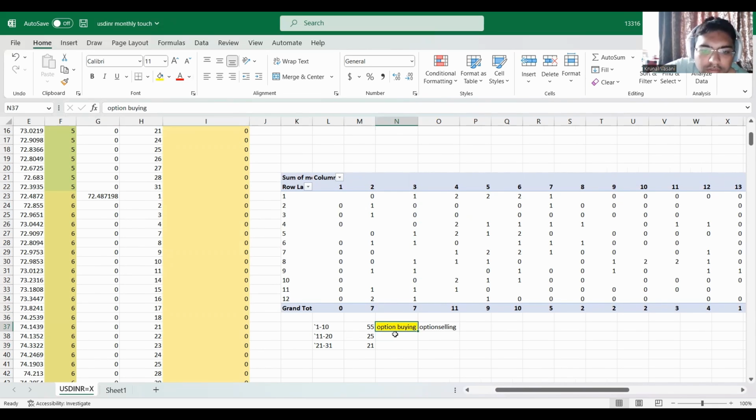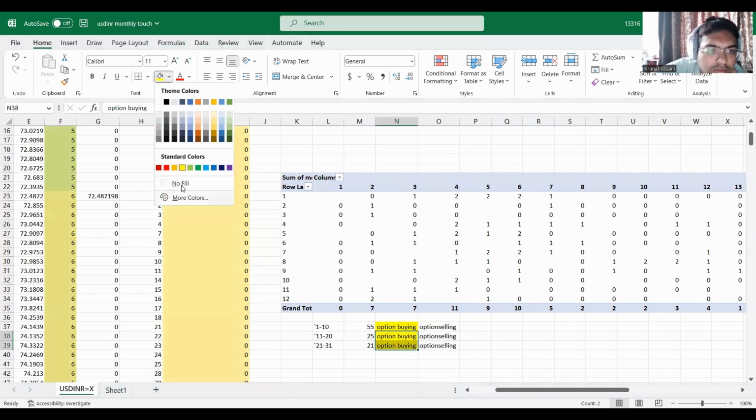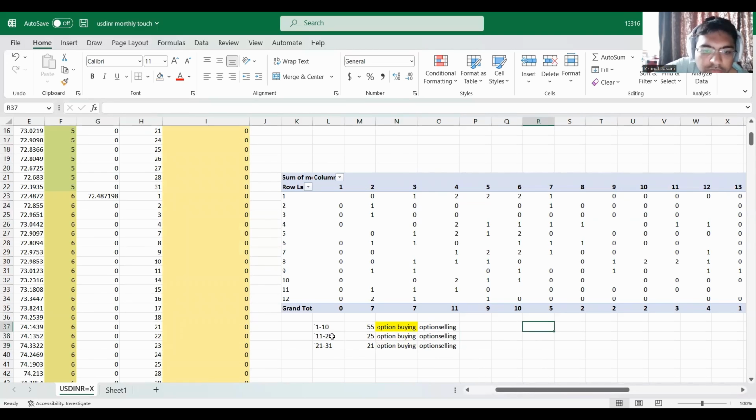So here I highlight this. If it is 11 to 20 days, the theta decay is almost neutral, so we can do both option buying and selling. And for 21 to 30 days, you can go for option selling.